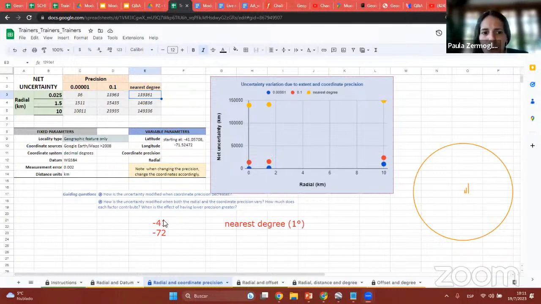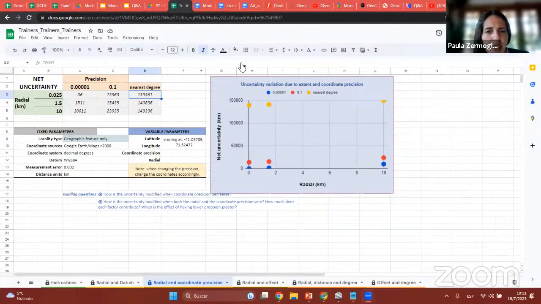Has everyone understood why we have to change the coordinates with respect to the precision? Okay, one feedback says it's clear. Okay, so let me first clear all drawings. There we go. Then I will move to the next one.